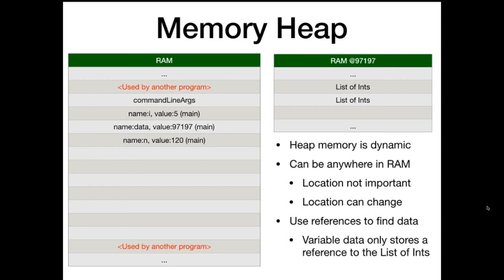Could be anywhere on any one of the sticks in my machine. I'm going to ask for enough memory to store my new values, and store my values there. And then I'm only going to store on the stack a reference to that memory address. All I'm storing on the stack is the location in memory where I can go to find that value that I created.